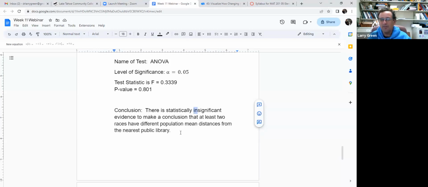So if we had a really small p-value, could you say which pair is the different pair? Which one is the highest for distance to the nearest public library? Thoughts? Not seeing it. So let me tell you, it's kind of a funny answer. The answer is you couldn't tell, but I could. You know why?